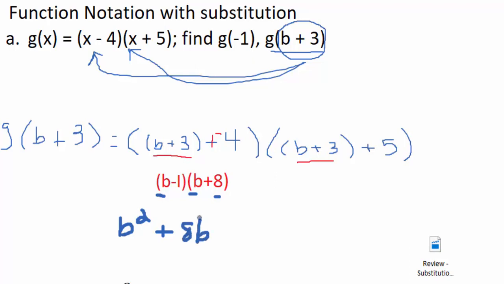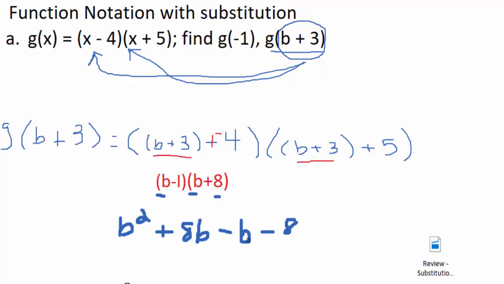And then we're going to do our inside terms, negative 1 times b, which is negative 1b or minus 1b, and we don't need the 1 because 1 times b is just b. And then last we have a negative 1 and an 8 multiplied together, which is minus 8.